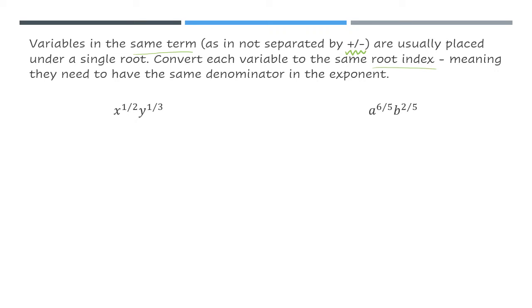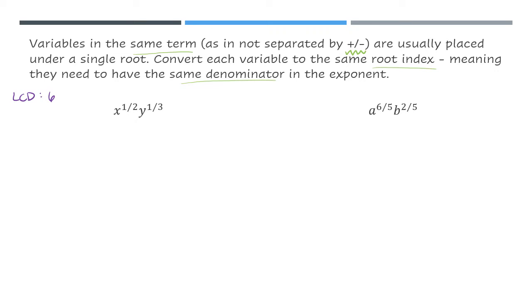In order to do that, our goal is getting a common denominator in those rational exponents. In our first example, we have x to the 1/2 and y to the 1/3. So our task is to come up with a common denominator between 1/2 and 1/3. And hopefully we're seeing that the lowest common denominator, the LCD, would be 6.